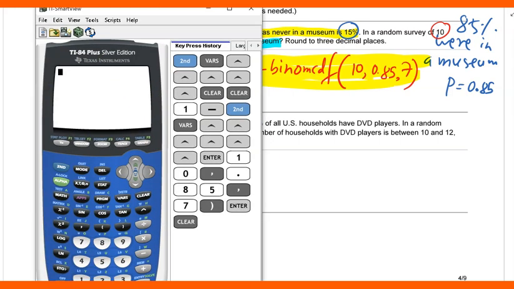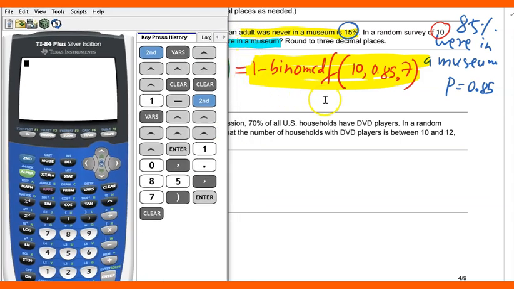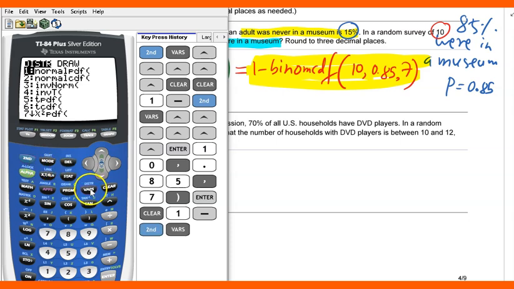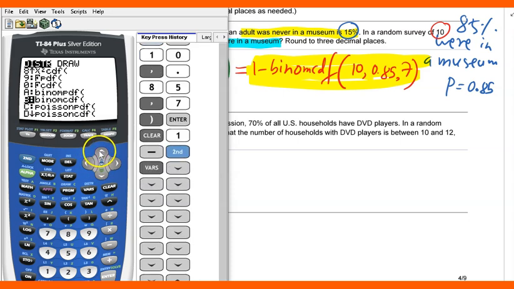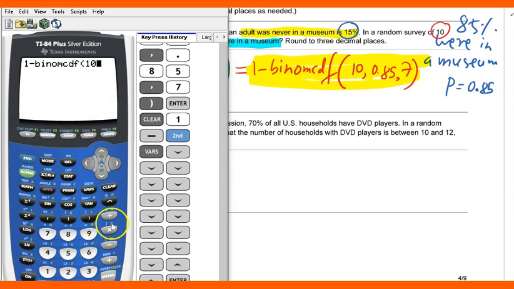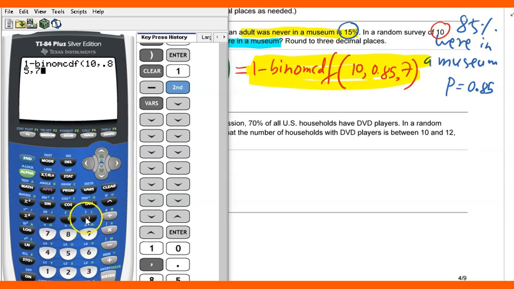Here's your calculator. You put all this in the calculator: 1 minus binomial CDF 10, 0.85. You press 1, the minus, second VARS, and binomial CDF is under B here, and enter, and you have to put 10, comma, 0.85, comma 7, close parenthesis.